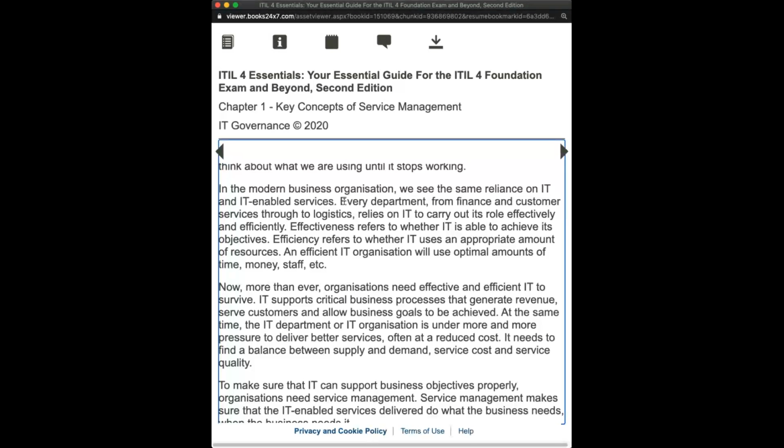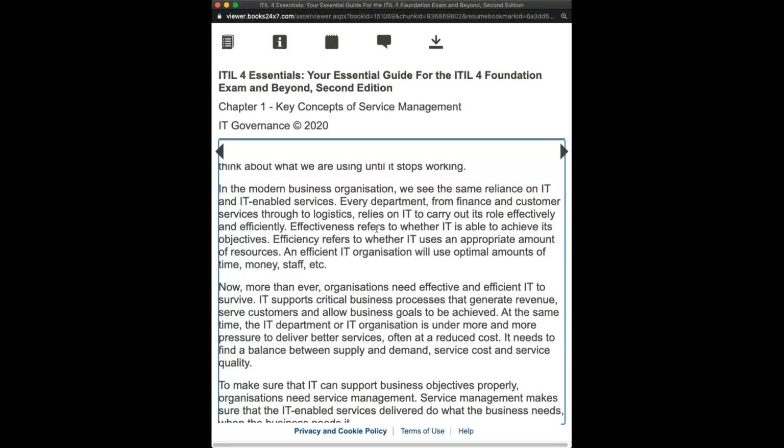And as well as every department in the organization, from finance and customer service through to logistics, relies on IT to carry out its role effectively and efficiently. You would always hear these two terms, that they always need to be effective and efficient, right? You want to create the best service not only to your external customer but to your internal customers as well, right?